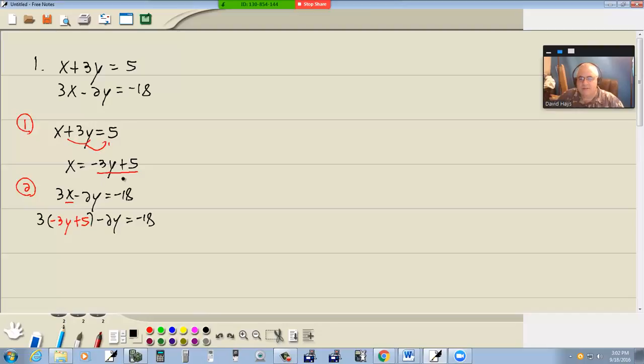Okay, so we solve for one of the variables, and then we plug that into the other one. Now when we do that, all of a sudden we only have one variable. In this case, all we have is y's. So we're going to go through and solve this.